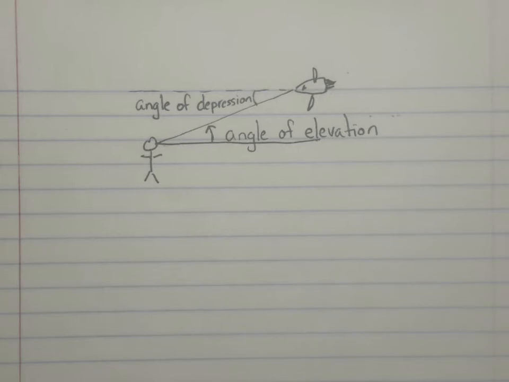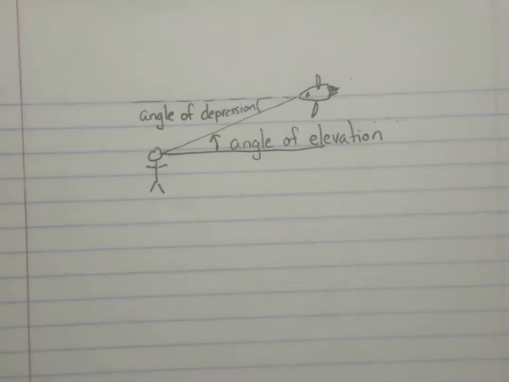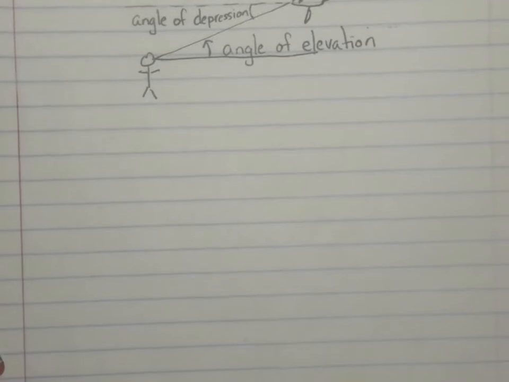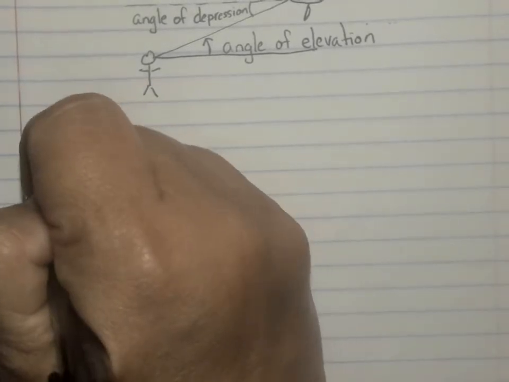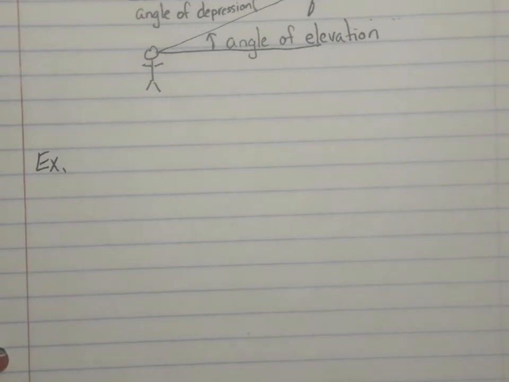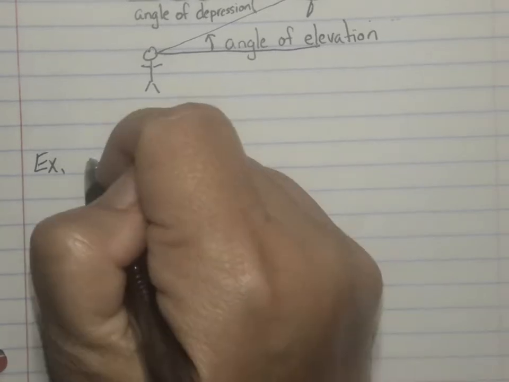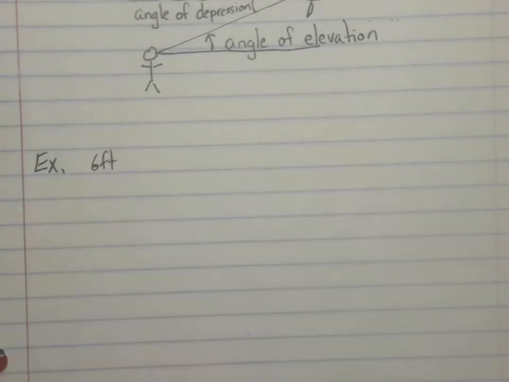So we're going to be solving word problems that involve angles of depression and angles of elevation. So we're going to do an example together. And we're not going to write out the whole story. I'll read you the story and then we'll jot down important facts. A ground crew worker who is 6 feet tall is directing a plane on a runway.